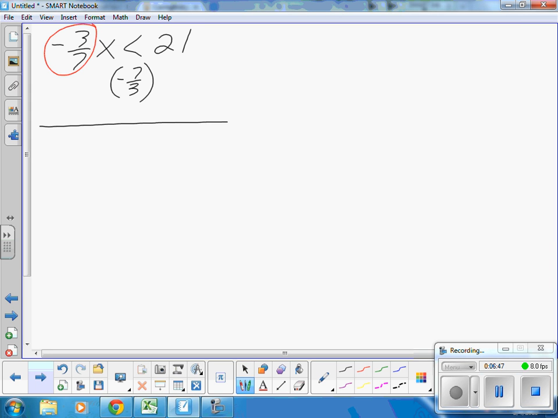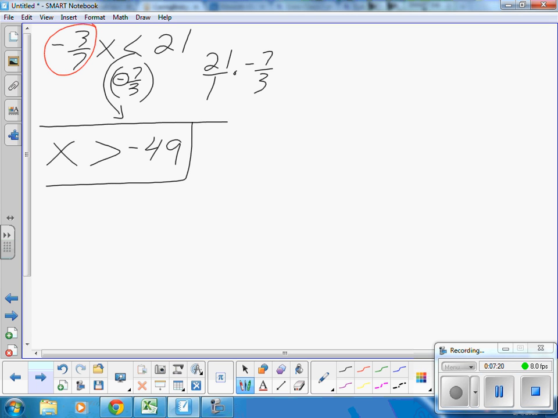When I do that, I get x. I'm multiplying both sides by a negative, so my inequality has got to reverse. Some people will say flip. And then it will be 21 over 1 times a negative 7/3. That will give me a negative 49. So that is your answer to that example.